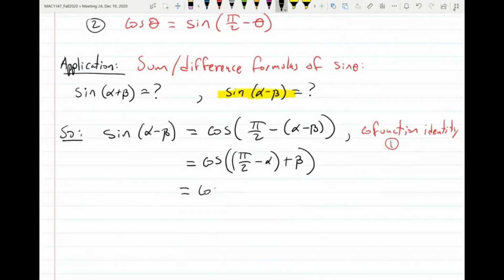So we have that this would be cosine of the first angle times the cosine of the second angle, then minus, because we had a plus that turns into a minus, and then sine of the first angle times the sine of the second angle. Everybody okay with this?